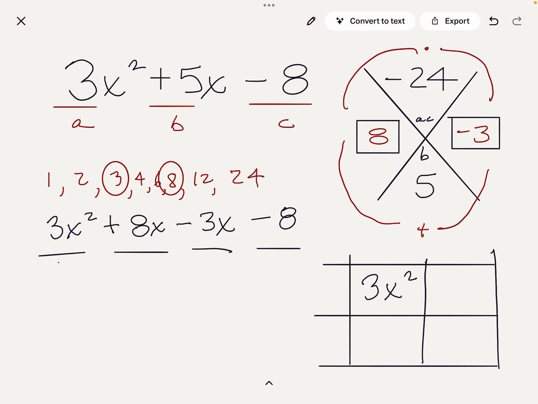So what we do now with these four terms, we're going to put these four terms in the box. Now, the x squared term always goes in the upper left box. And the constant term will always go in this box.